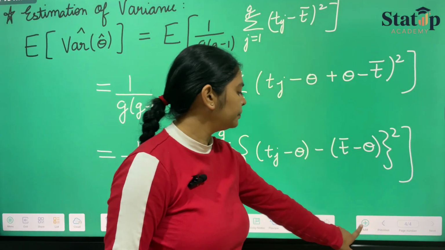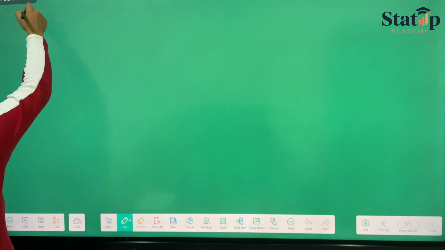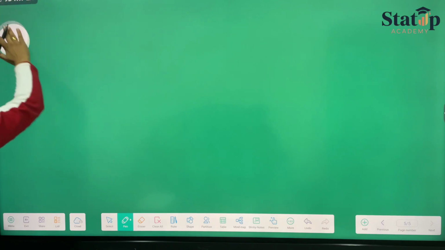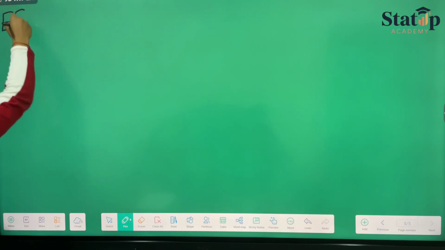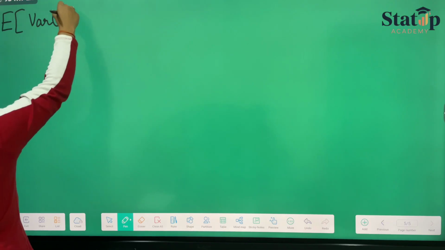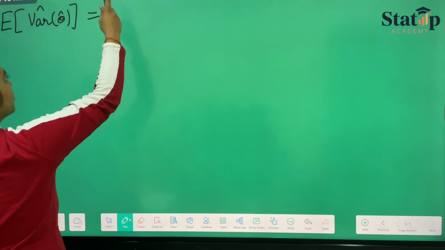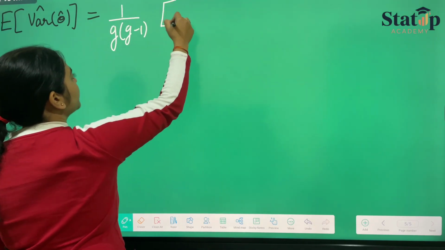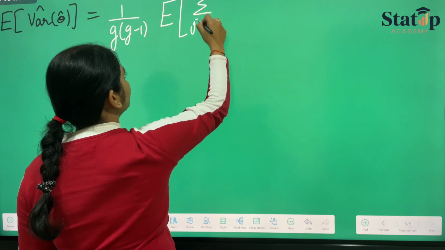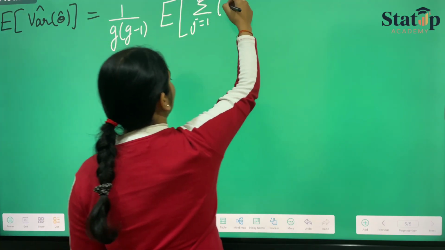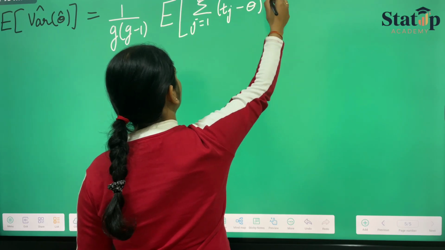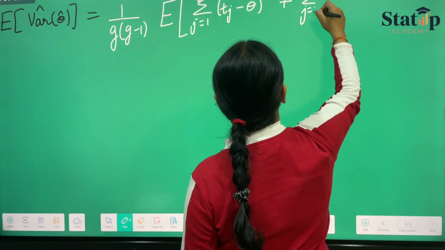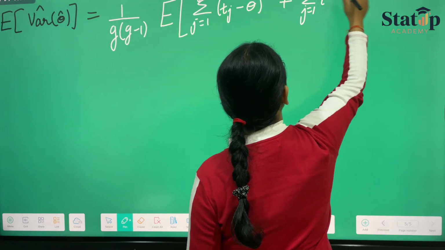Moving on to the next page, we'll get the expectation of variance of theta cap, which we were calculating, which is nothing but 1 upon g minus 1, expectation of summation j goes from 1 to g tj minus theta whole square plus summation j goes from 1 to g t bar minus theta whole square.